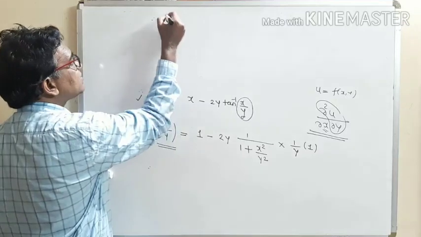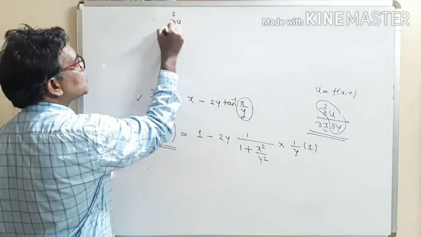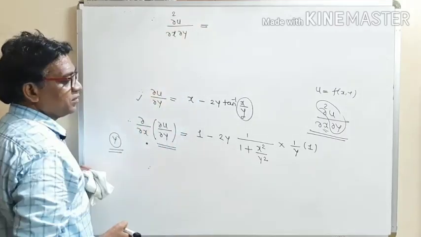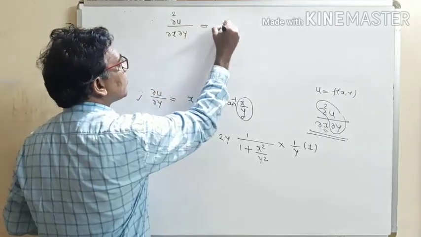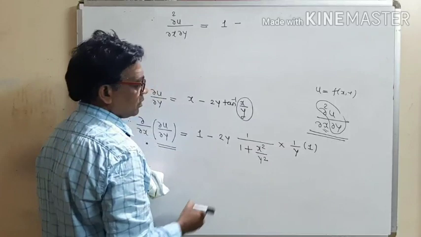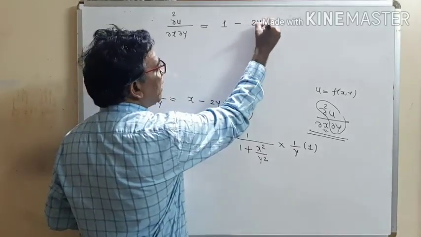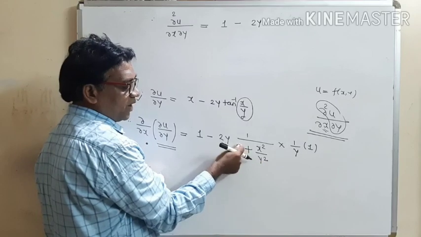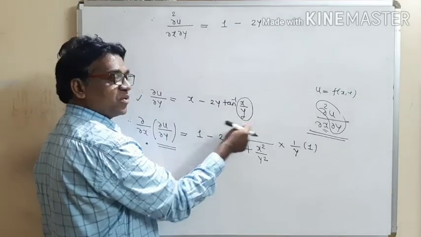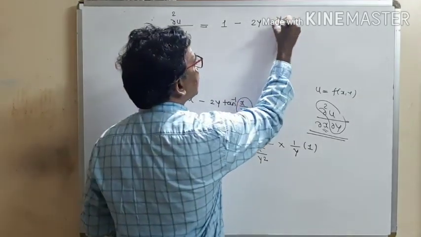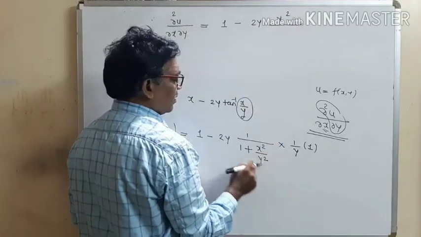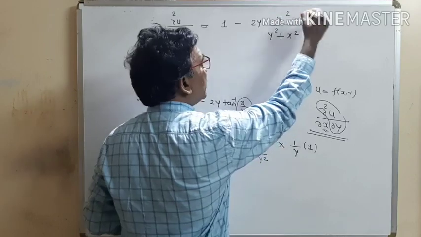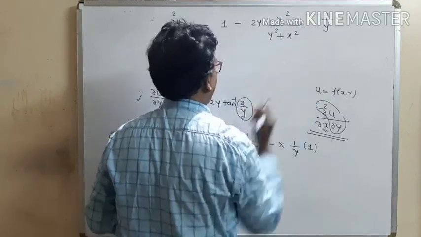Just simplify this step: ∂²u/∂x∂y is equal to, now this is 1 minus 2y into, now this is a term of LCM, just cross multiply by y square and transfer y square to the numerator. So we get y square divided by y square plus x square, into 1 upon y.